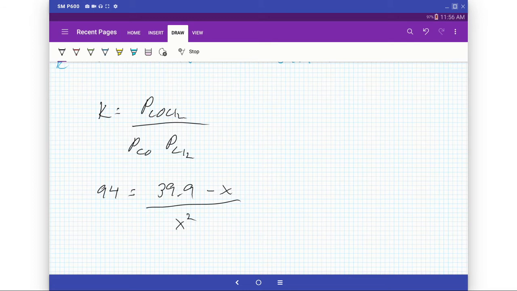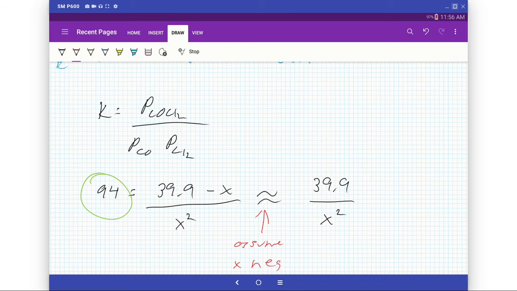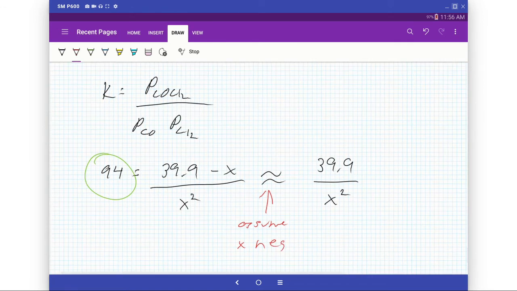Looking at the value for K, it's not extreme. If you tried to make the assumption that this was 39.9 over x squared, where we assumed that x was negligible, what you would find out is that this is not valid and you actually can't do that.